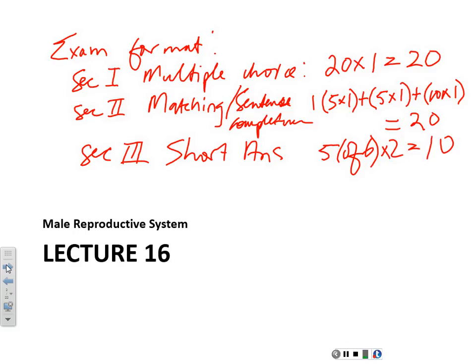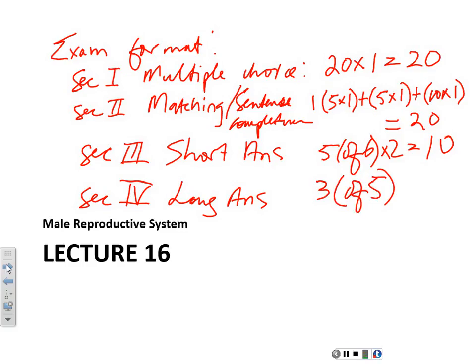And then section 4 is the usual long answer section, and this time you'll like this, 3 of 5 times 5, which is 3 times 5, 15. So 20, 20, 10, 15, the usual 65 points.